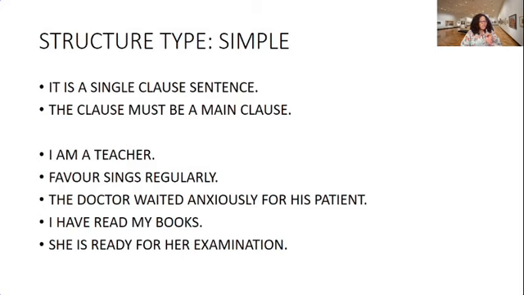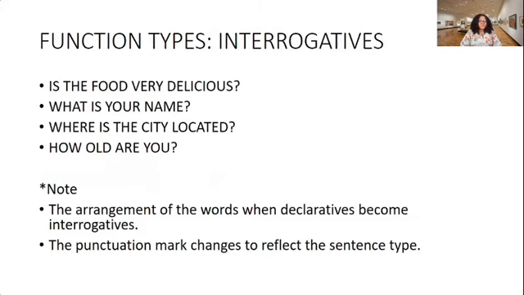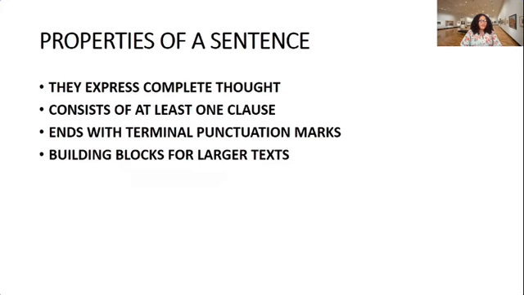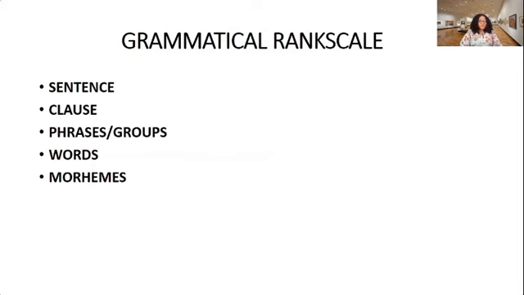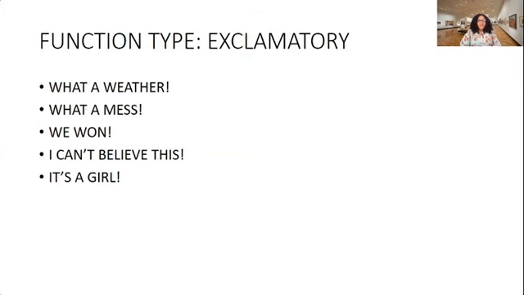Now, I want to take you back again to the grammatical rank scale. Remember when we talked about the grammatical rank scale? We talked about sentences being made up of clauses, and clauses being made up of phrases, and phrases being made up of words. So remember, I said sentences are made up of clauses. All right.